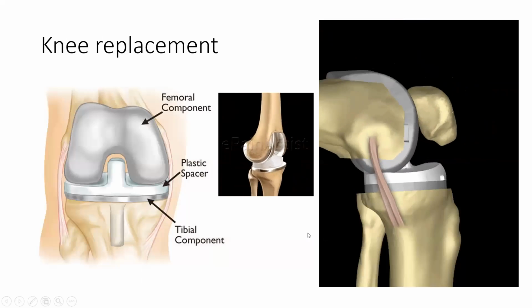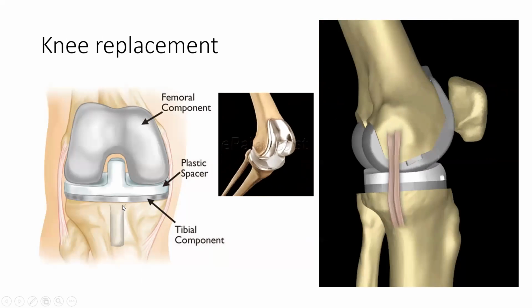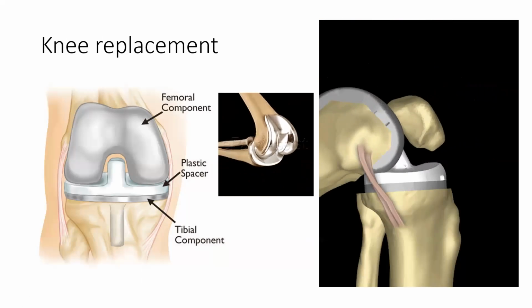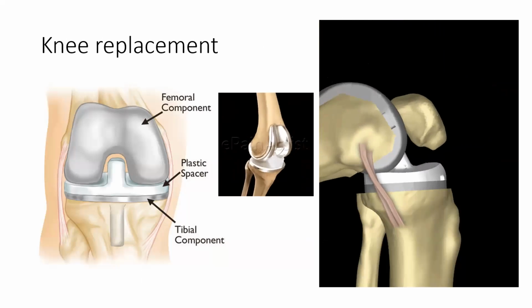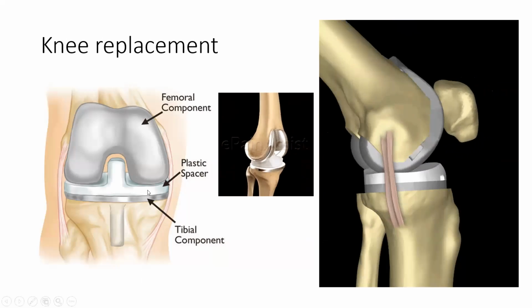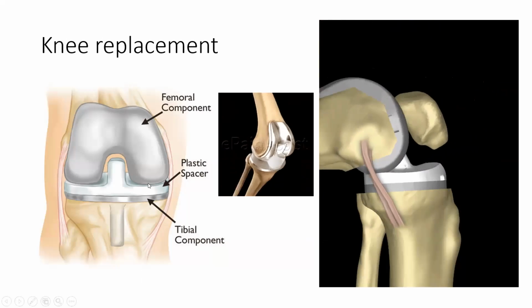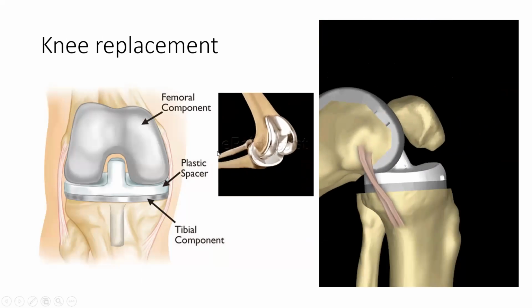Knee replacements have a component to replace the condyles of the tibia and the epicondyles and the condyles of the femur. You replace the meniscus with this plastic insert here.